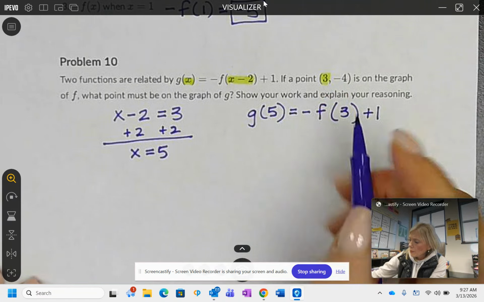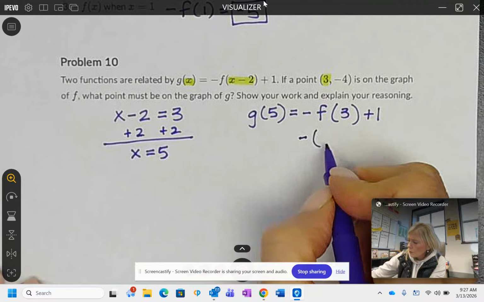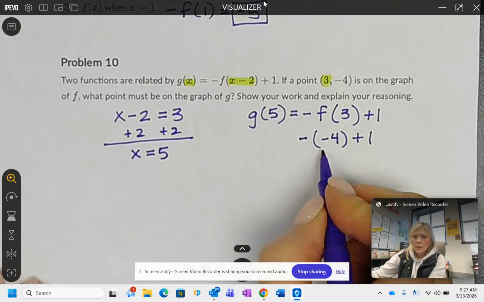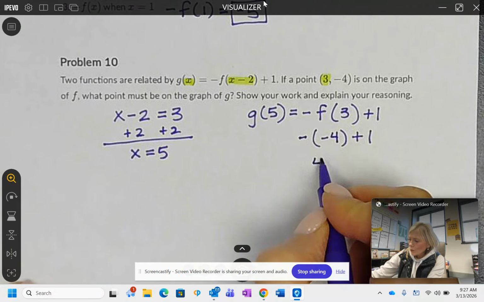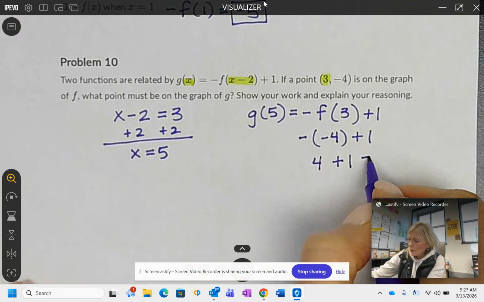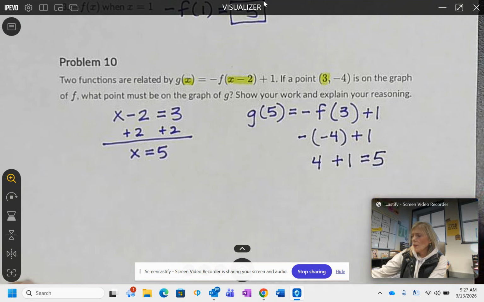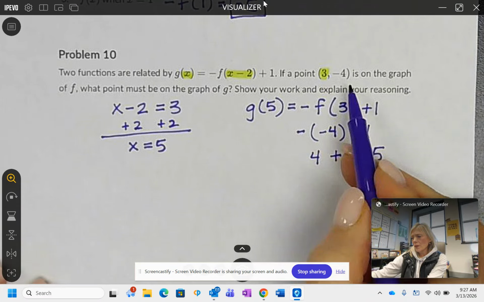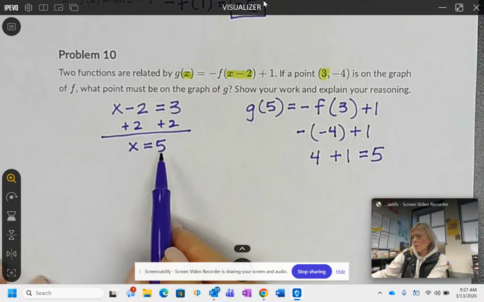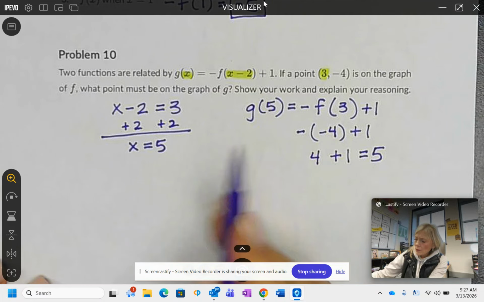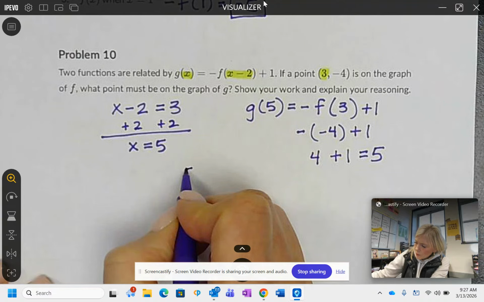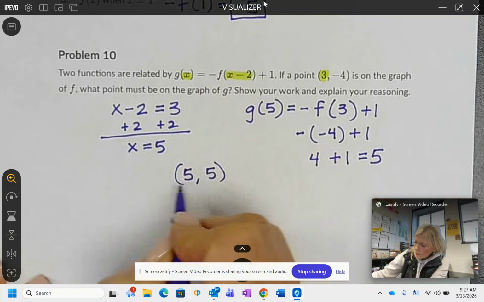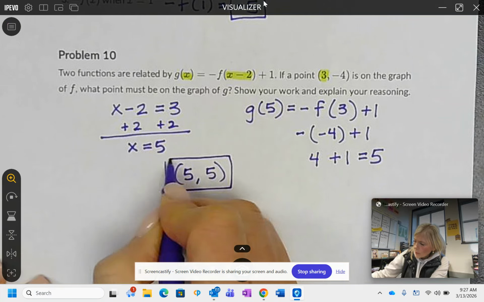So this means negative of negative 4 plus 1, which is positive 4 plus 1 and equal to 5. So if 3, negative 4 is on f of x, then the point 5, 5 is on g of x. The x value is 5, and the y value is also 5.